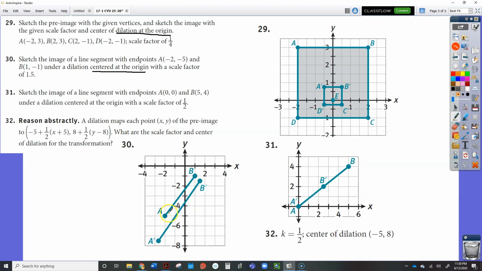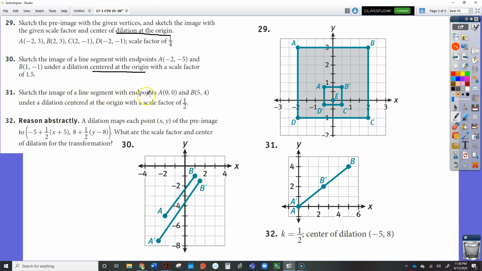And if I kept going, 1, 2, 3, 4, 1, 2, 3, so this one's going to be right in the middle. That's probably not the best way to do it. So just do the coordinates, just like we were talking about.